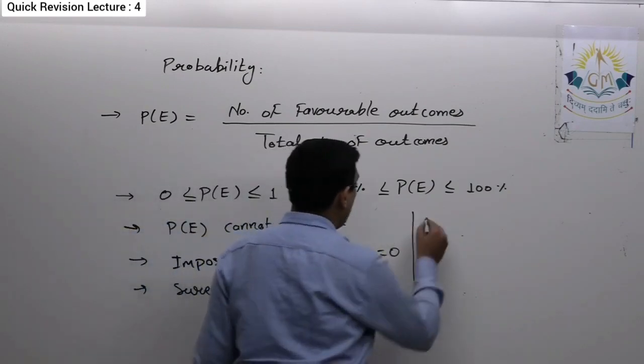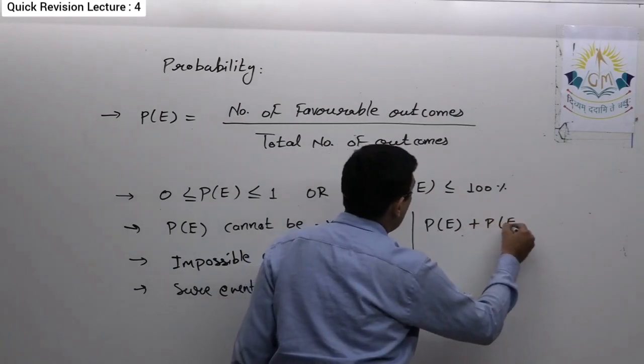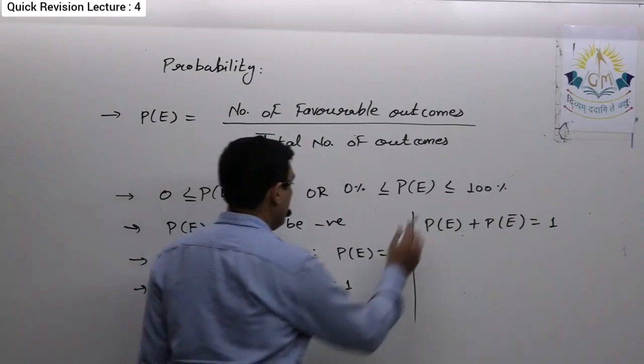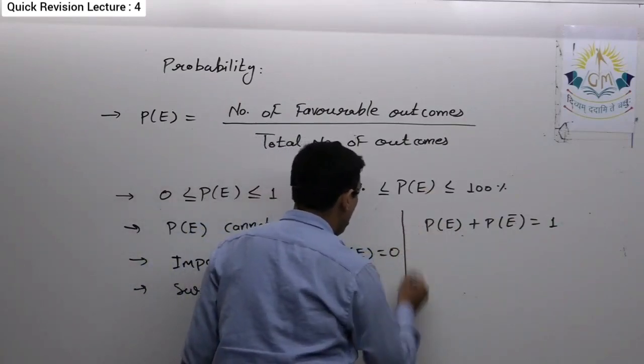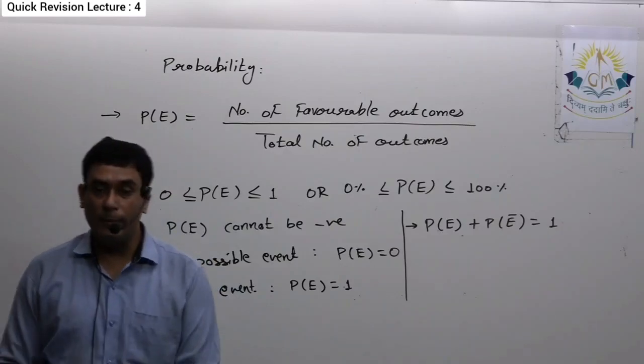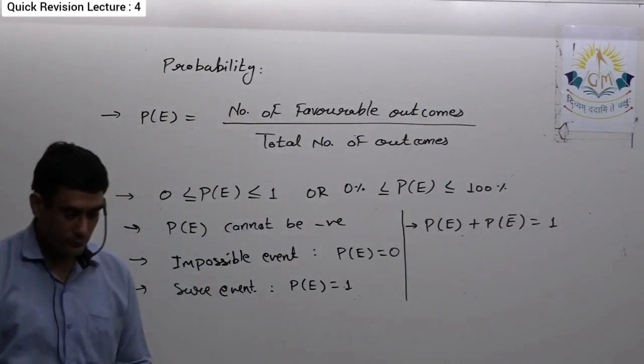One more thing: the probability of happening of any event and the probability of not happening of that event always add up to 1. This is the next point.